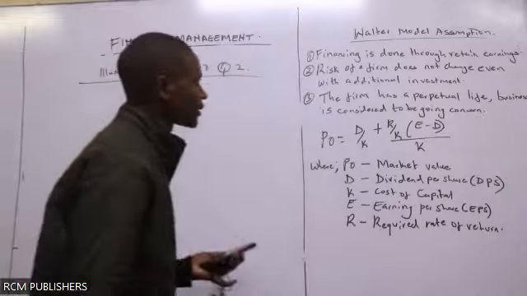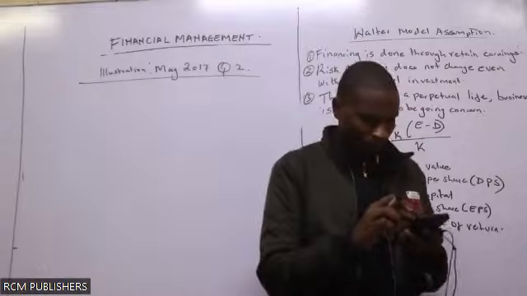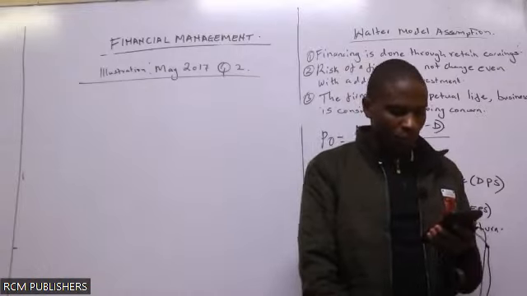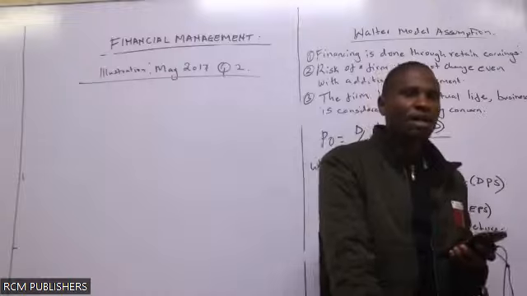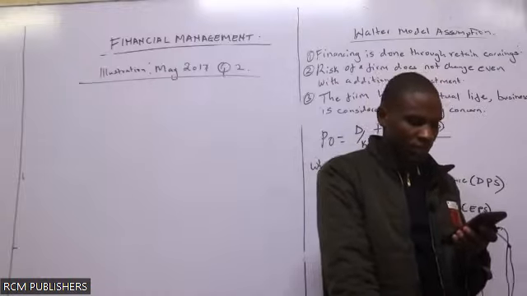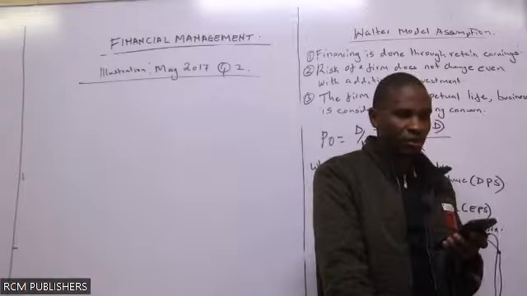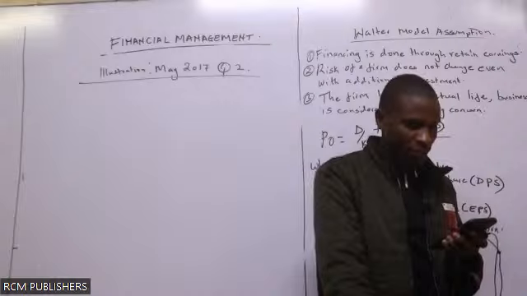So the question reads: the following information was extracted from the financial statement of Mocha Limited. We have earning per share, EPS, as 15, capitalization rate, retention ratio is 40%, then internal rate of return.